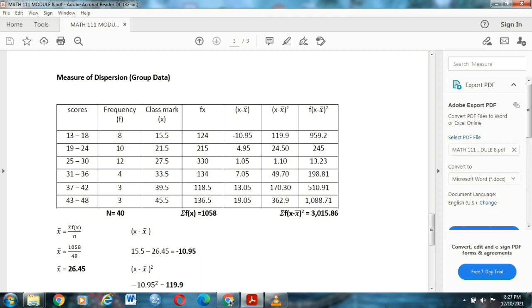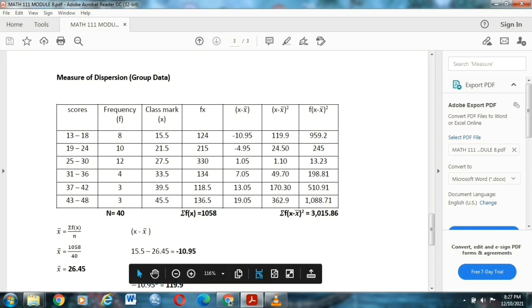Ibig sabihin, multiply natin yung frequency. 8 times 119.9 is equal to 959.2. 10 times 24.50 is 245, and so on. Sunod, itong f of x minus x bar squared ay i-add natin. So, kunin natin yung summation niya.